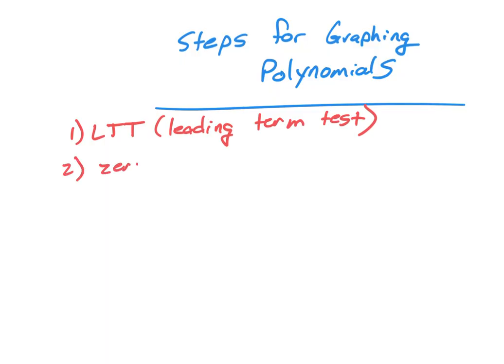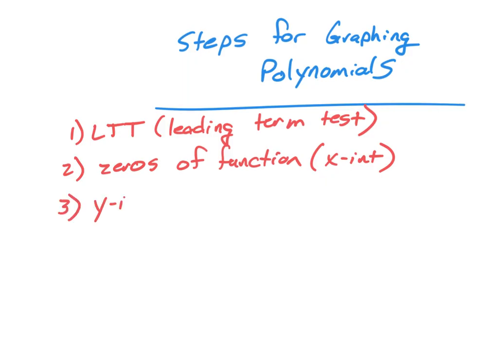Okay, another thing we want to pay attention to is the zeros of the function, otherwise known as the x-intercepts. Where does it cross the x-axis? The y-intercept.